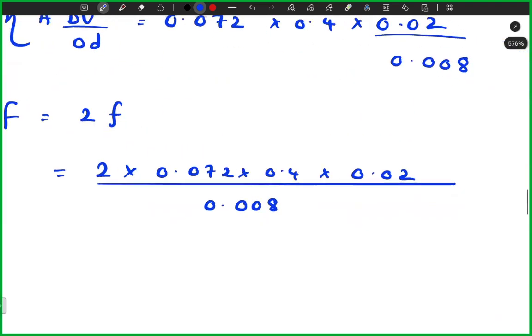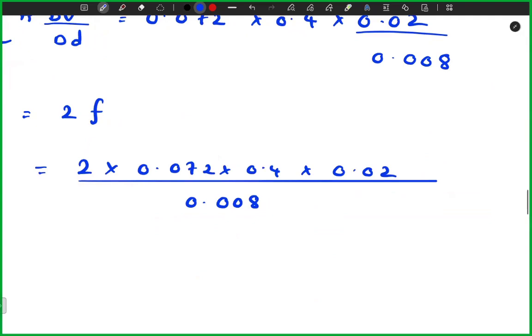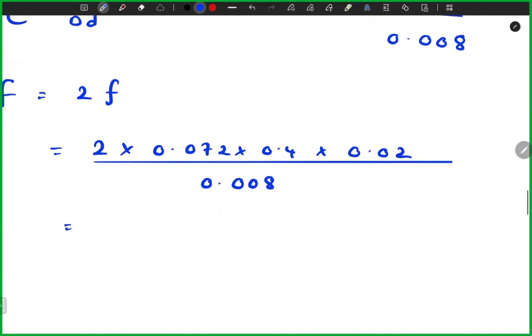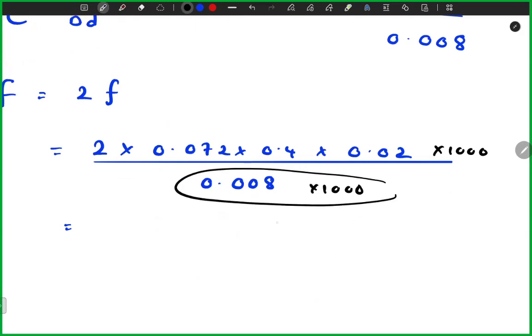Now you have to simplify. How do you go about simplifying this? We can cut the 2 and 0.08 something. Yeah, that's also correct. Also we can multiply by 1,000 both sides. Then it's easier. If I multiply up and down by 1,000, this becomes 8 and this becomes 20, right?